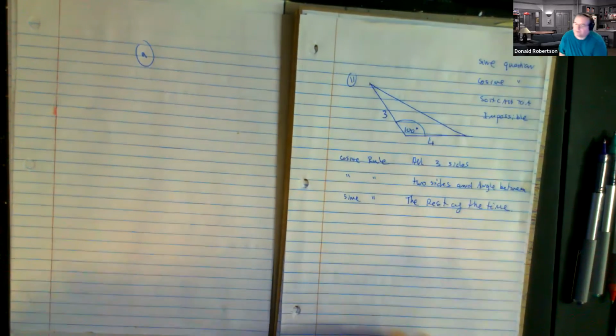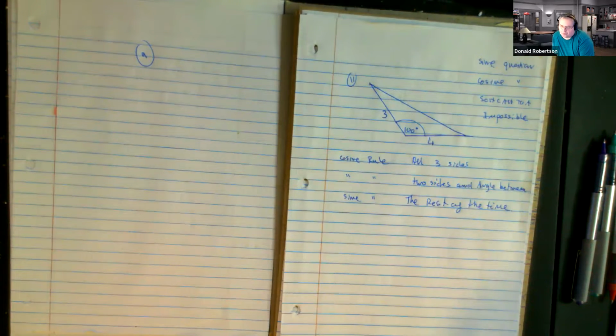And you will use the sine rule the rest of the time. That's a pretty simple set of rules, right? If you see 2 sides and an angle, it's going to be a cosine rule.